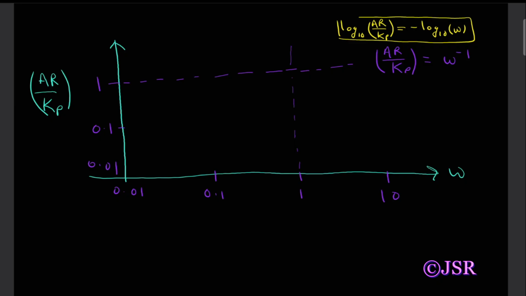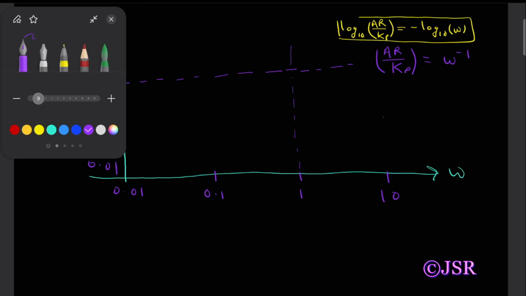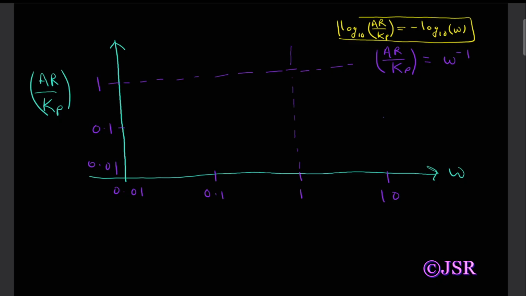So for 1 unit here down, this should pass through. Okay. So finally the expression for the gain plot. Finally the gain plot will be like this. So here the slope will be minus 1.